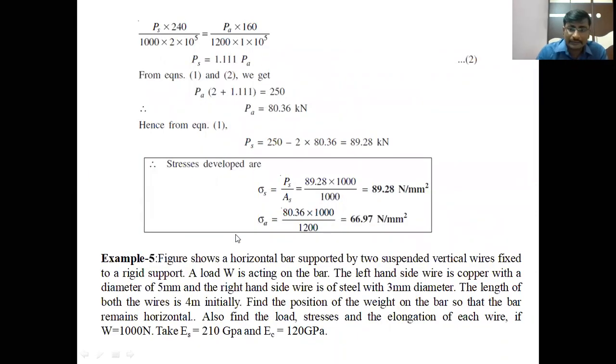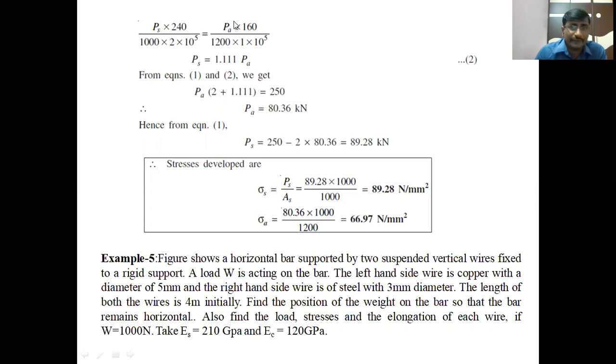By substituting in this problem, PS into LS, where LS is 240 mm, the length of the steel center pillar, divided by the area of the steel, 1000 mm square, and Young's modulus for steel, 2 into 10 to the power of 5, is equal to the load shared by the aluminium pillar PA into 160, the length of each pillar, divided by 1200, the cross-sectional area of the aluminium pillar, into 1 into 10 to the power of 5, the Young's modulus for aluminium.